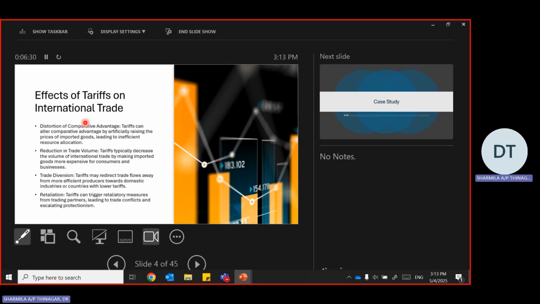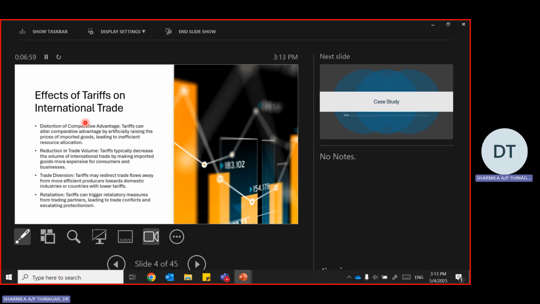So there is a risk of retaliation, right? That is what happened between the US and China. You guys know what happened between the US and China in terms of trade? It's a trade war, right? So when the US imposed a tariff, China retaliated with a higher tariff.